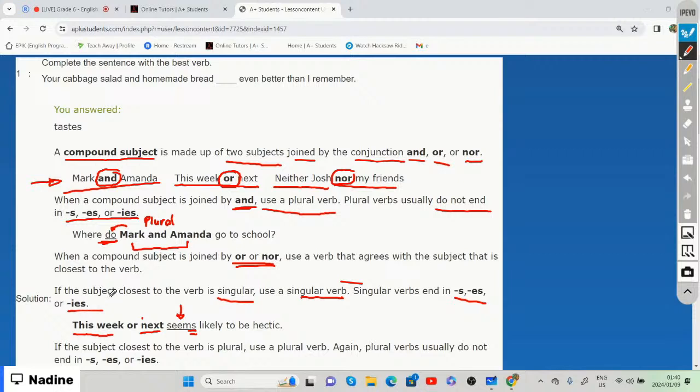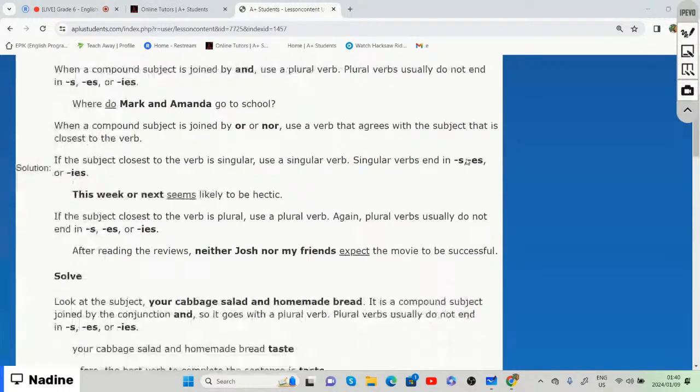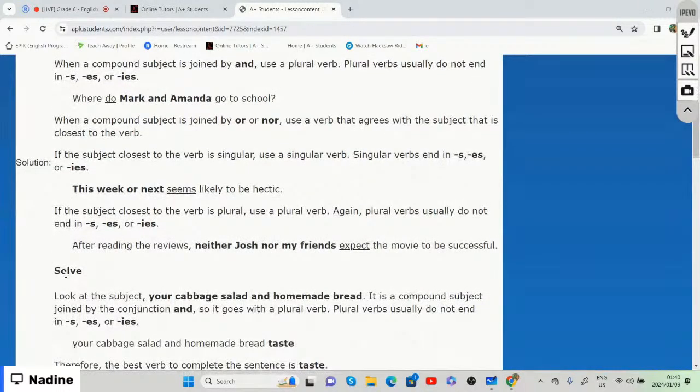Again, plural verbs usually do not end in s, es, or ies. So we say that if the subject closest to the verb is plural, we use a plural verb.